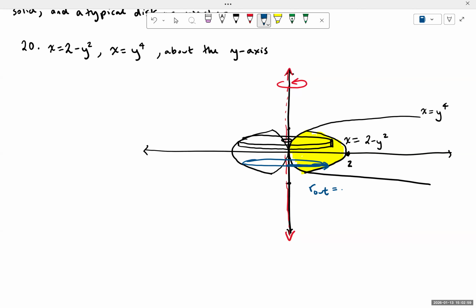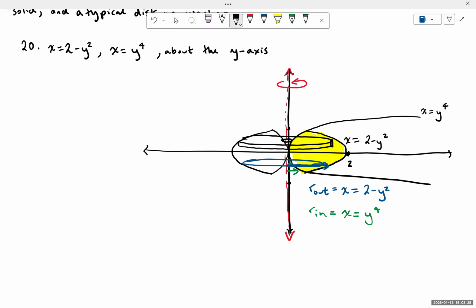So this is going to be x, which is 2 minus y squared. And then my inner radius would just be this little bit over here. R in is going to be x equals y to the fourth. I don't think that's showing up very well, but essentially this is going to be R in. So I'm going to set this up.